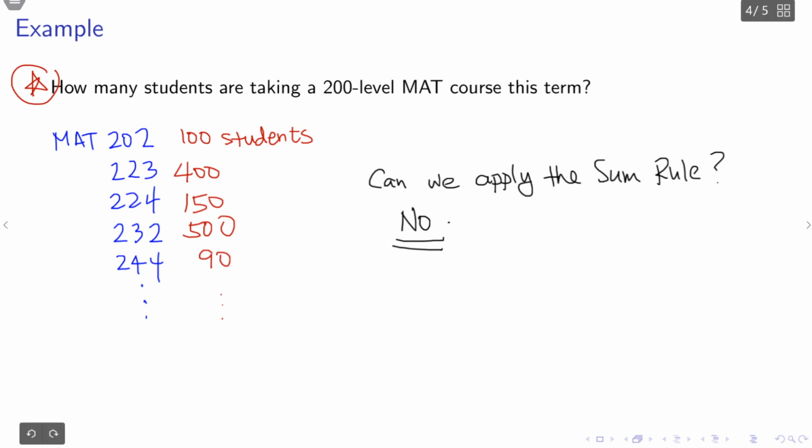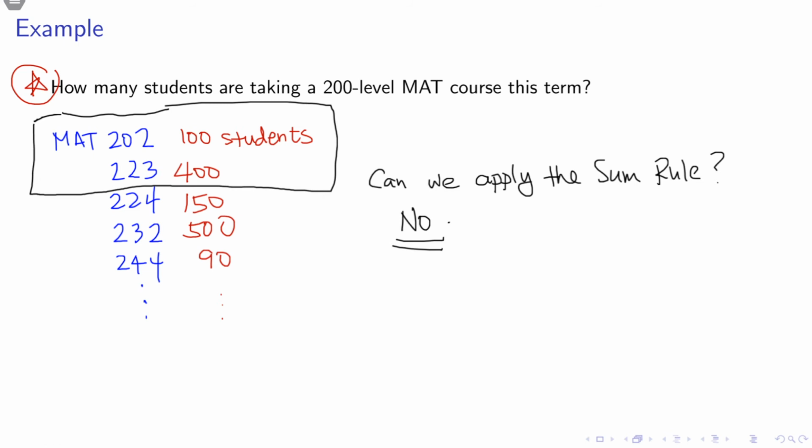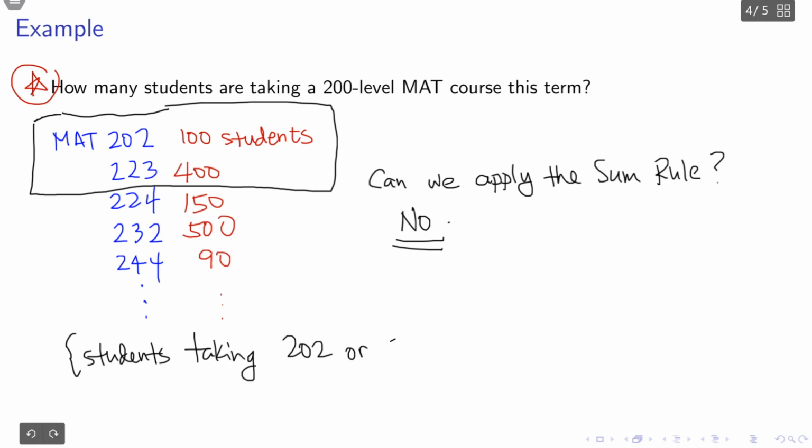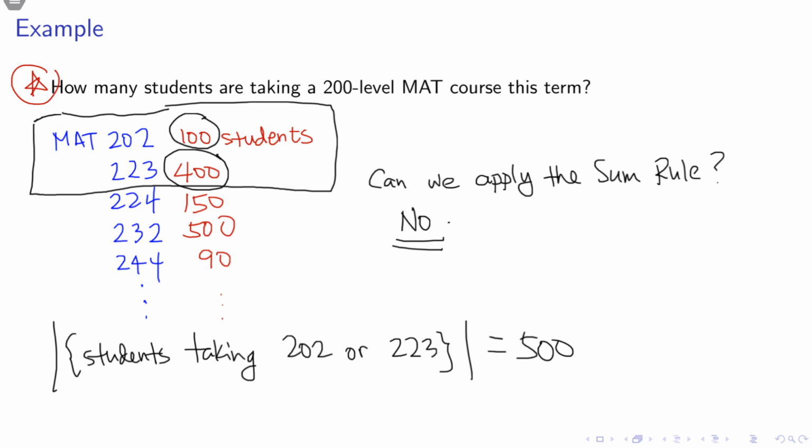I mean, just look at these numbers, right? So let's take these two courses in particular, 202 and 223. The set of students who are taking either of those courses, well, the sum rule would say it's 500, right? If you knew that these 100 students and these 400 students form a partition. In other words, they have no overlap, right?